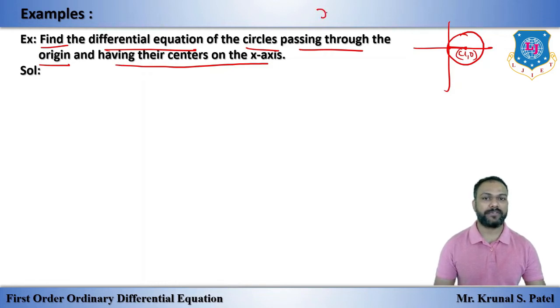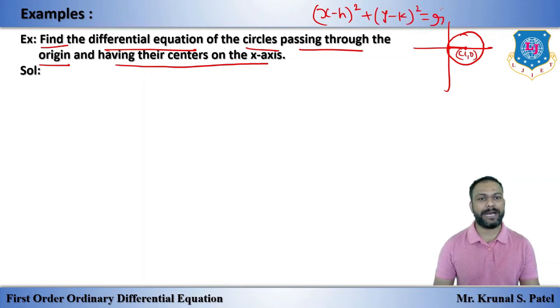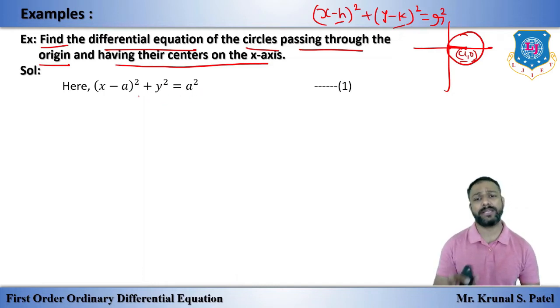We know the equation of circle: (x minus h) whole square plus (y minus k) whole square is equal to r square. So (a, 0) gives our h and k, and r is our radius, which is a. So we have the equation (x minus a) whole square plus y square is equal to a square. Now here you can see that we have only one arbitrary constant, so we will differentiate only once.